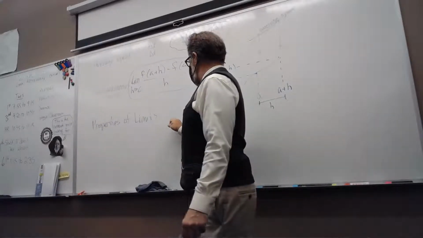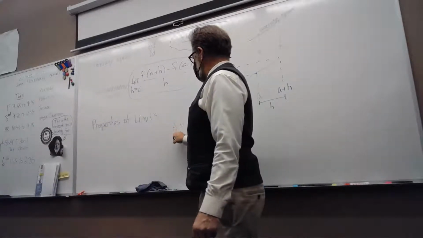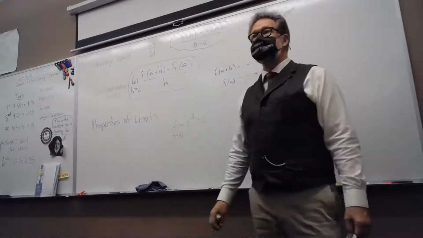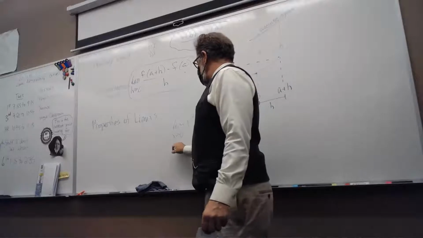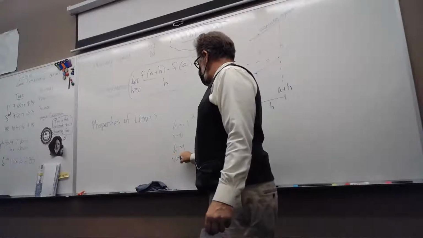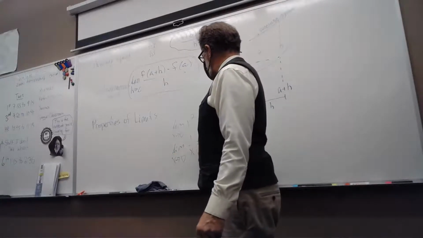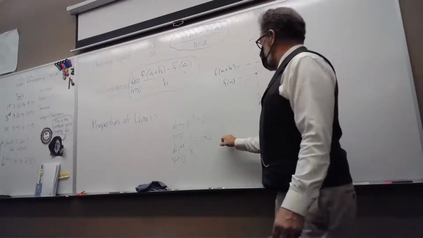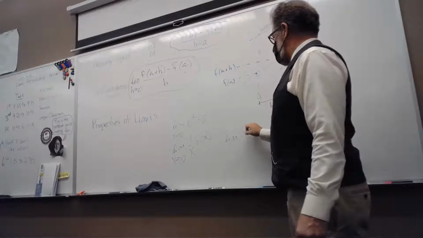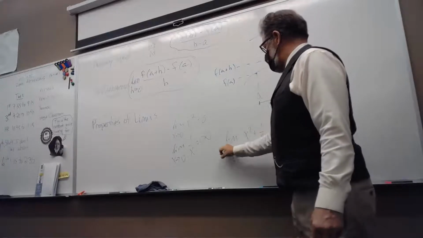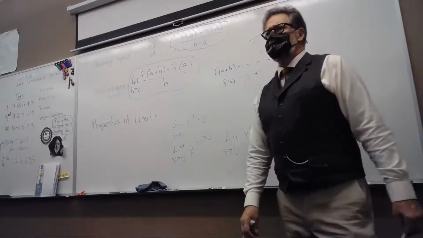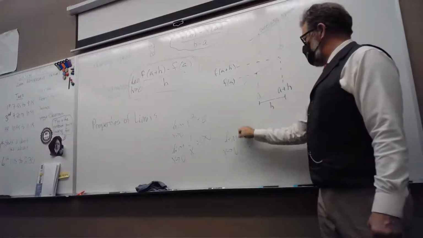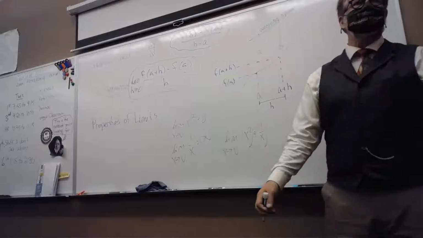If I ask you what the limit is as x goes to 0 of x squared, presumably you'd all say, well, that's 0. If I ask you the limit as x goes to 0 of 1 over x, you would say, well, that's infinite. But if I ask you what the limit of x squared plus 1 over x is as x goes to 0, it's useful to know that one of the properties of limits says I could look at that, and I could look at that, and then I can just add them together.